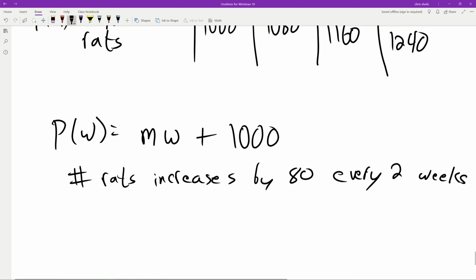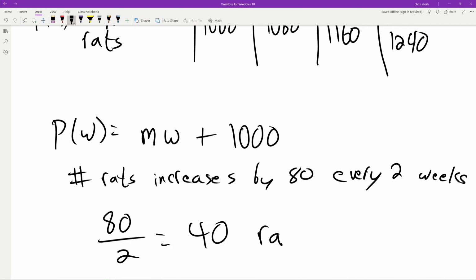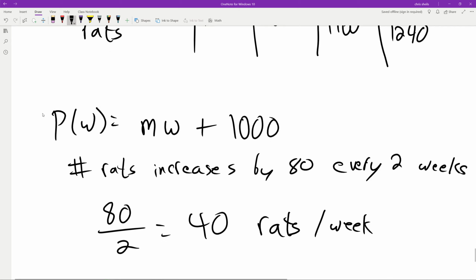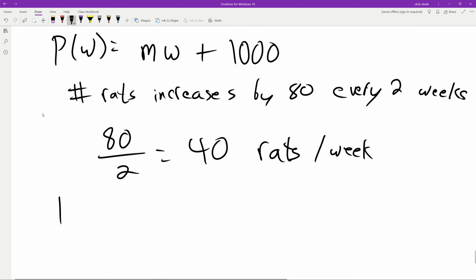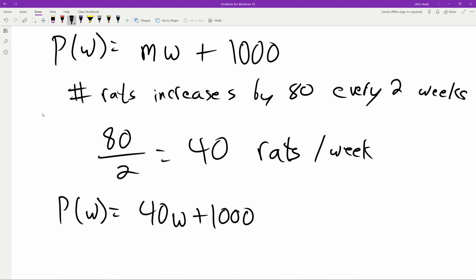So if I wanted to find the rate at which the number of rats increases every week, I would take 80 and divide it by 2, and I'd get 40 rats per week. So this equation then becomes P of W equals 40W plus 1,000.